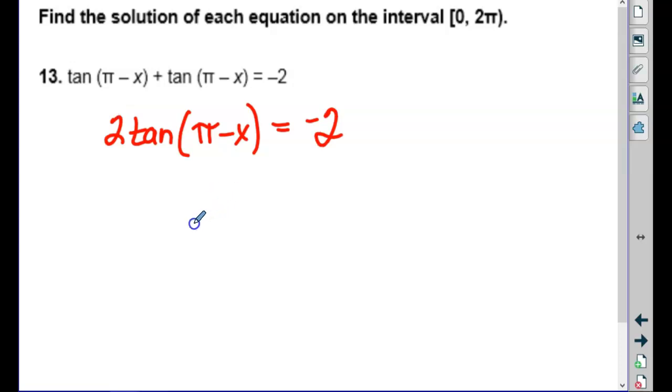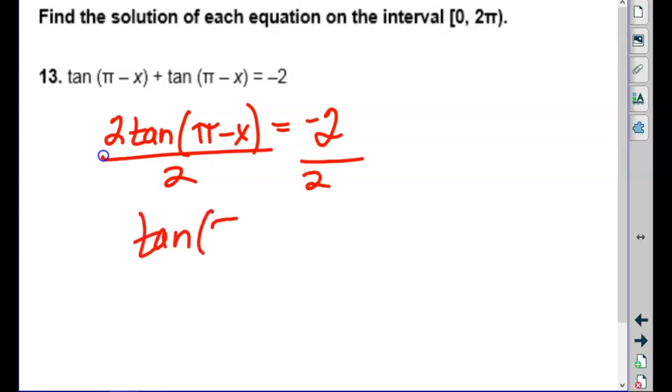Wow, what could we do with that? Divide by 2. So now we have tan of black equals what? -1.